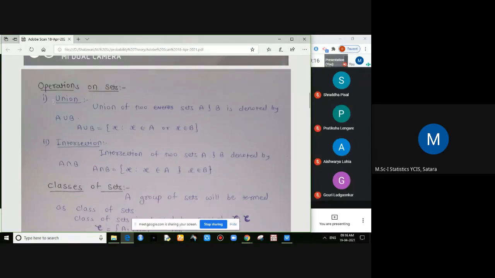In the algebra of events, we already studied the union, intersection, and complements. Here also it is the same. The operations on sets are union and intersection. These are the two main operations, so that's why we are saying union and intersection only.